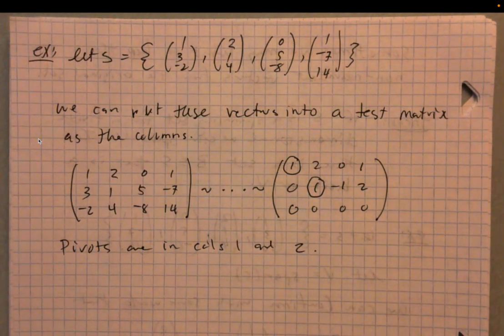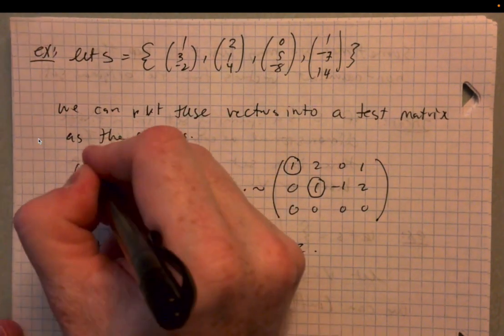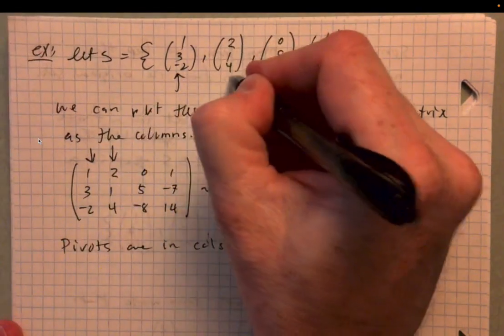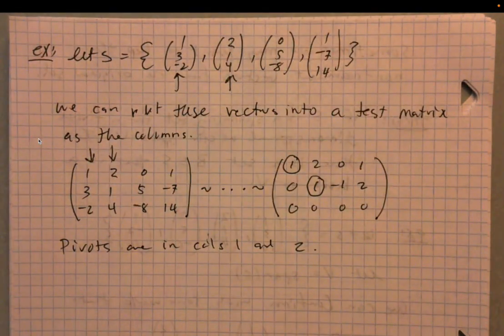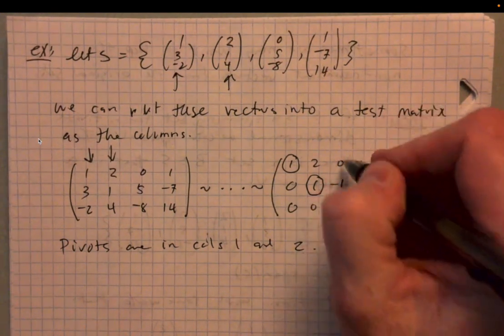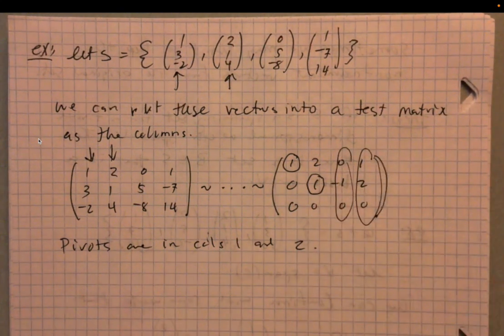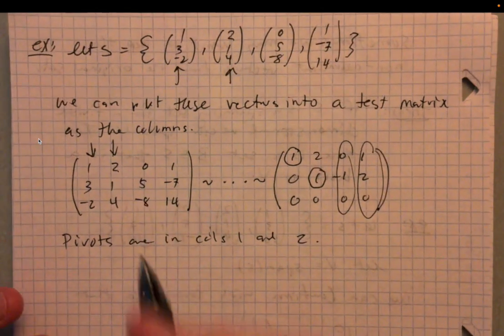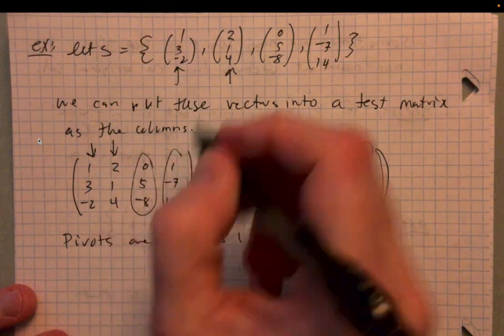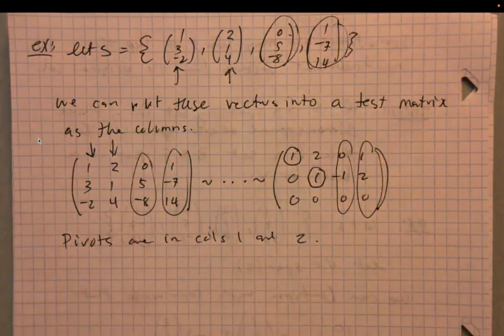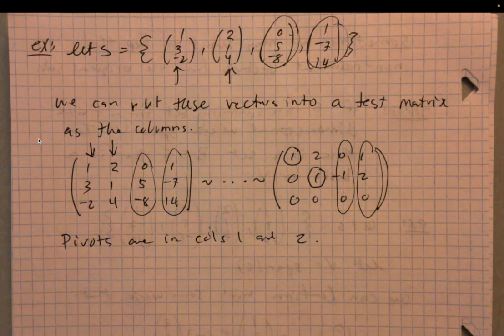What that tells us is that the vectors that we plugged into columns 1 and 2, namely these two right here, are linearly independent. Columns 3 and 4, on the other hand, have no pivot. They point to the original columns of the matrix being linearly dependent. So these get thrown out, and as we saw in the previous example, those do get thrown out. They can be written as linear combinations of the first two.